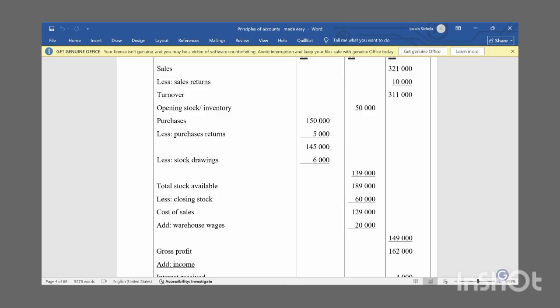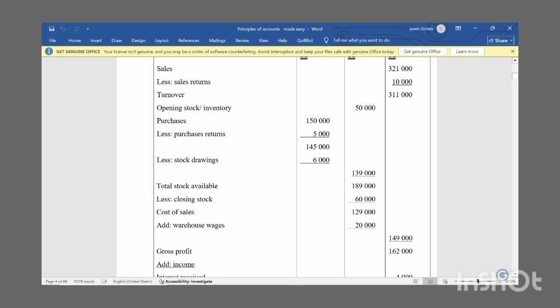Once you have total stock available, the next thing you're supposed to do is less closing stock. So what is the closing stock here? It's 60,000. So 60,000 will be subtracted from 189,000 to get the cost of sales, which will give you 129,000.